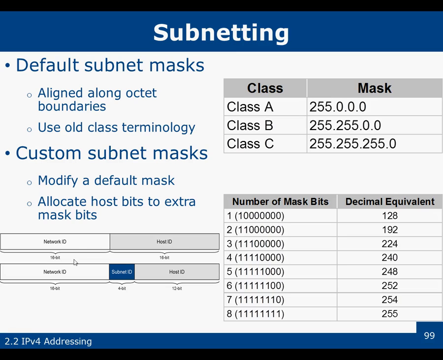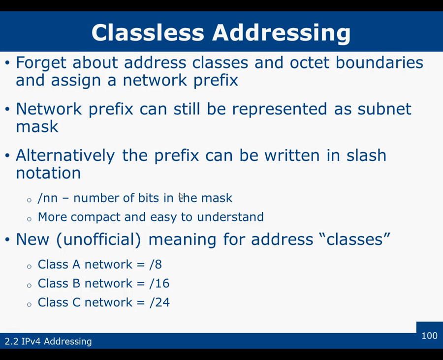And this little image down here we kind of already talked about, and that's what we did in the example that I jumped the gun on. We extended the subnet ID and decreased the number of bits in the host ID, so that we have more networks, more subnets, and fewer hosts per network. And all the reasons are as before.